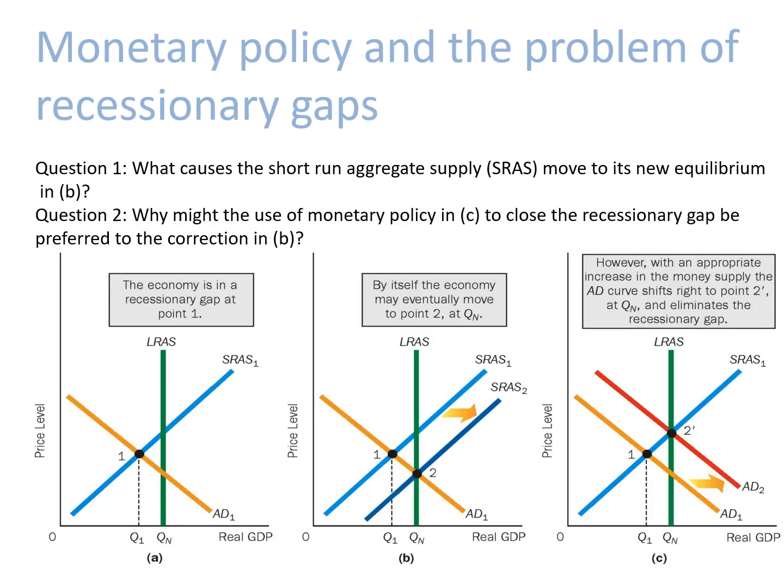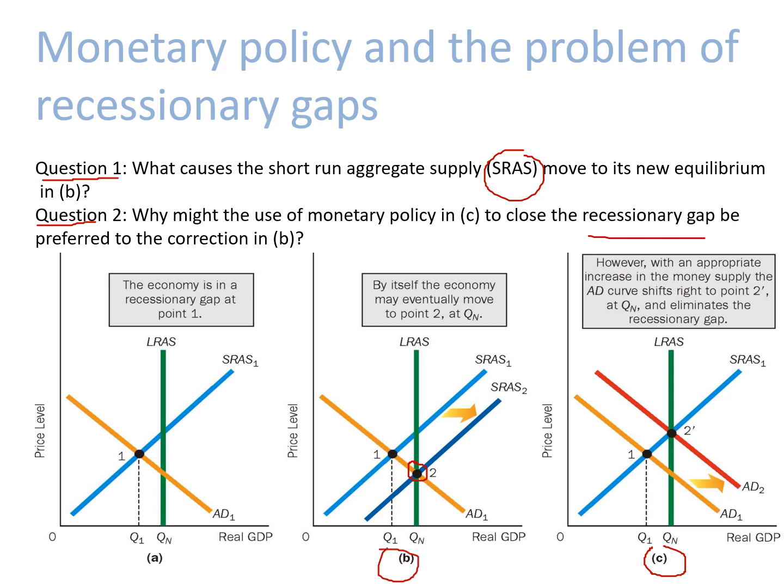Monetary policy and the problem of recessionary gaps. Question 1. What causes the short-run aggregate supply to move to its new equilibrium in point B? Question 2. Why might the use of monetary policy in C to close the recessionary gap be preferred to the correction in B?